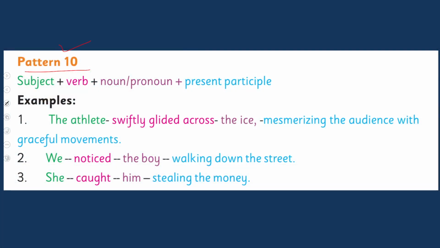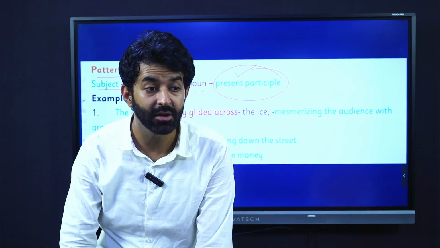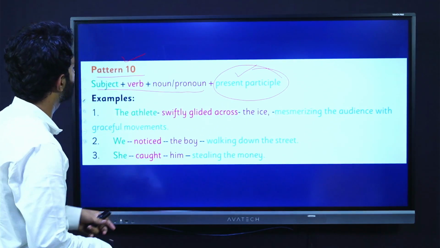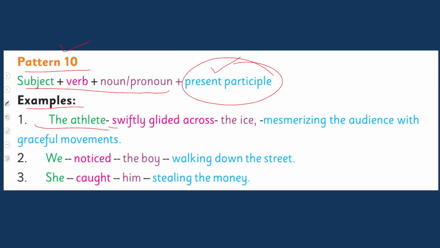Pattern number 10: again the same thing, but now we are talking about present participles. Participles are the way we use our verb. We have present participle and past participle. Here we will use the present participle in pattern number 10. For example, the athlete swiftly glided across the ice, this is our noun, plus mesmerizing the audience with graceful movements.